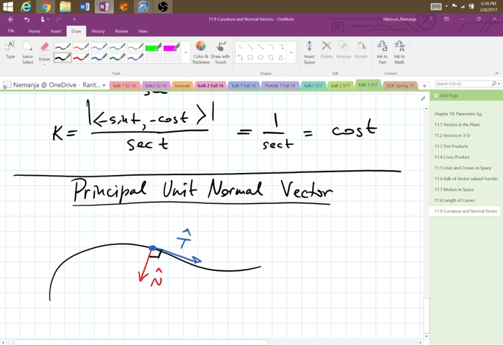So if it points towards the center, if that curve started going left or up. Very good.